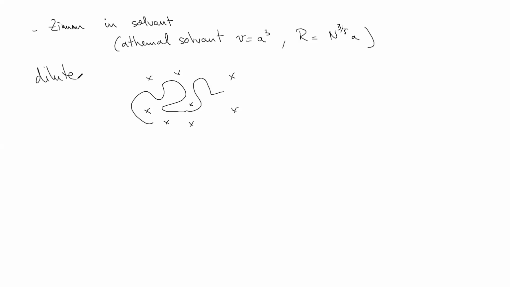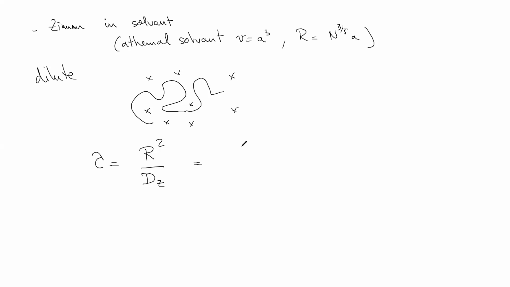So for this chain, the time scale for relaxation will be associated to the size over which I'm considering things. So I will take the radius squared divided by the Zimm diffusion coefficient, right? So I want to estimate the time needed for diffusing over my own size, so R squared.